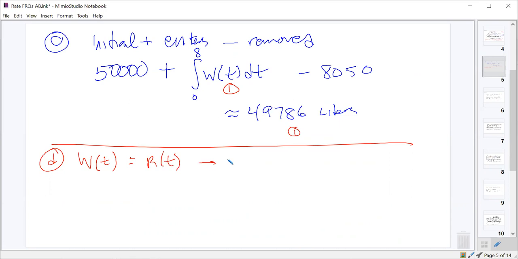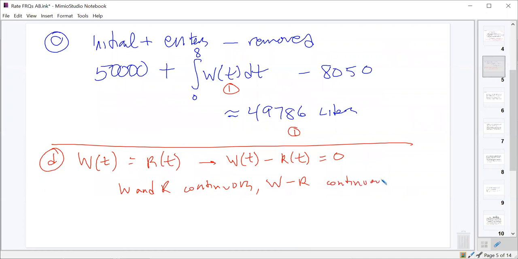which would effectively be the same as looking at is W of t minus R of t ever equal to 0. Right? And since we know that both W and R are continuous functions, that means that W minus R is continuous.